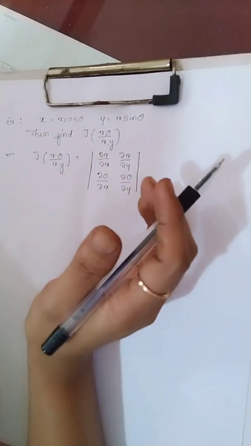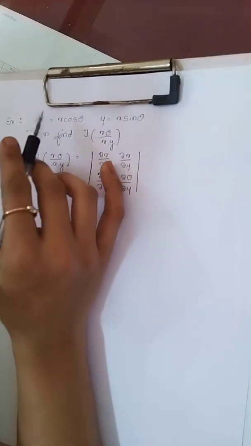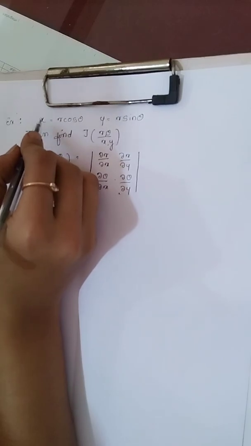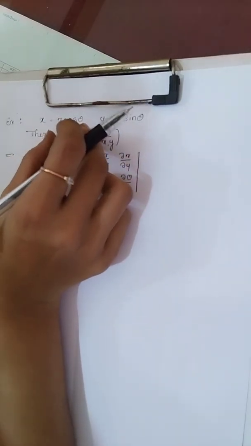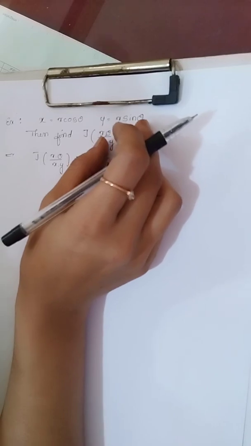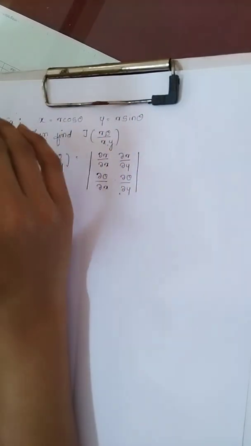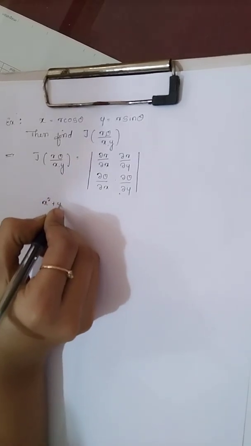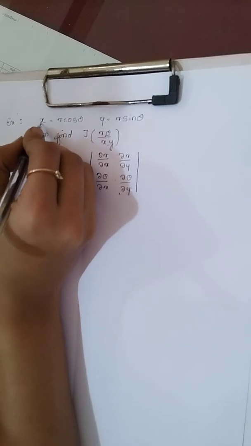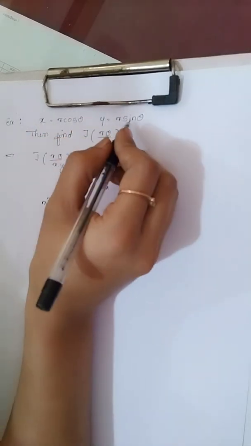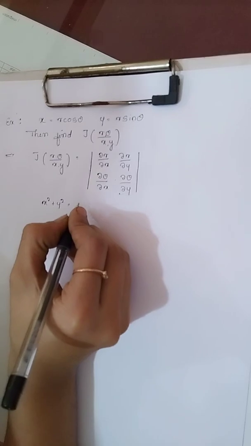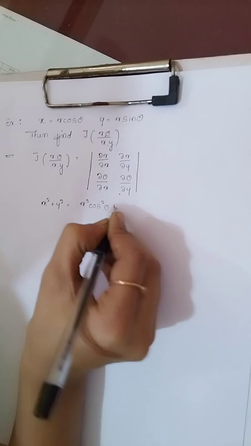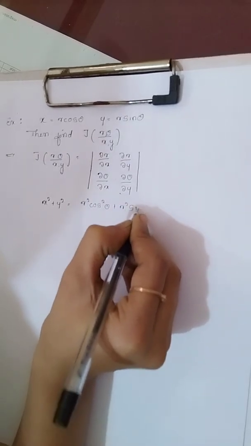To find the r and theta values, we square and add these two equations. Squaring x is equal to r cos theta and y is equal to r sin theta and adding, we get x square plus y square is equal to r square cos square theta plus r square sin square theta.